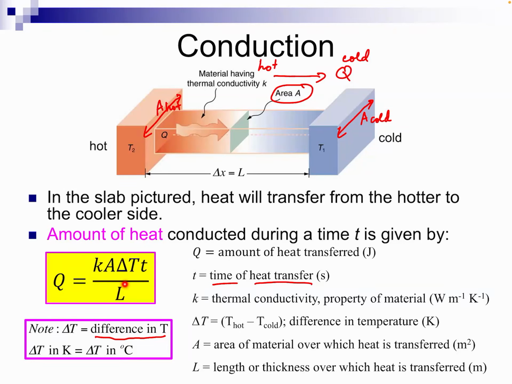And finally, the last influencing variable to the amount of heat is the length, or the distance over which heat will need to travel or propagate for it to transfer. So it's inversely proportional, because the longer the energy needs to travel, the smaller the amount of energy is transferred.